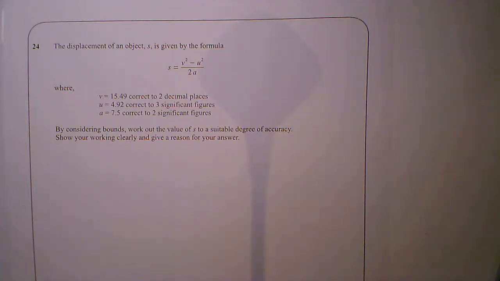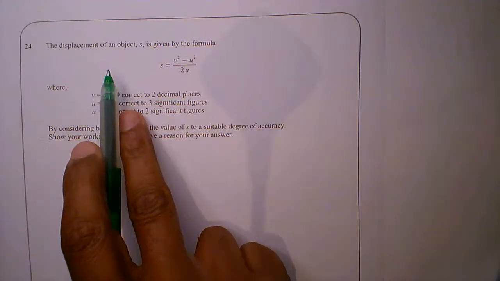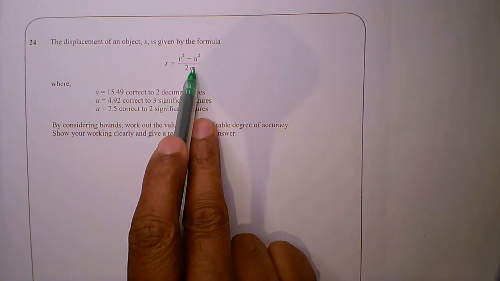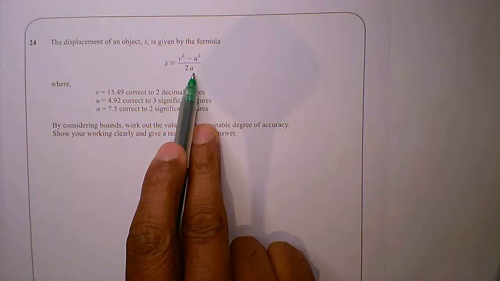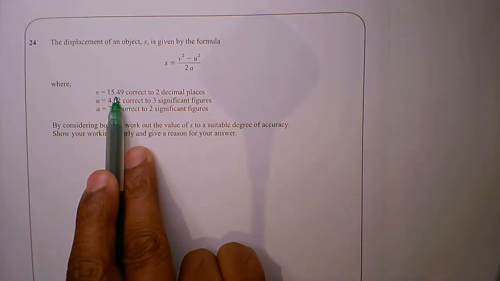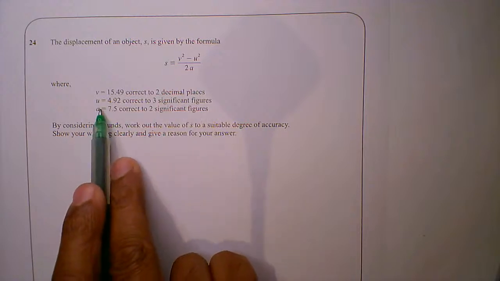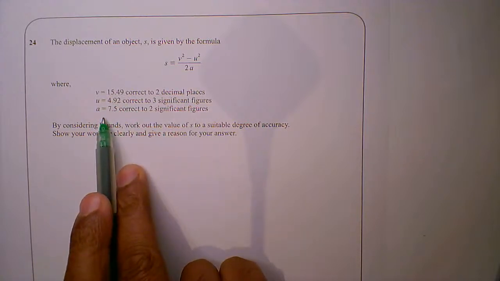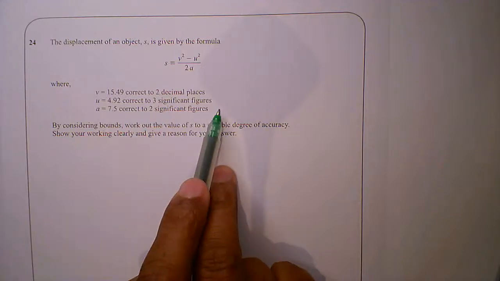Okay, question 24. The displacement of an object S is given by the formula S equals V squared minus U squared all over 2A, where V equals 15.49, correct to 2 decimal places, U equals 4.92, correct to 3 significant figures, and A equals 7.5, correct to 2 significant figures.